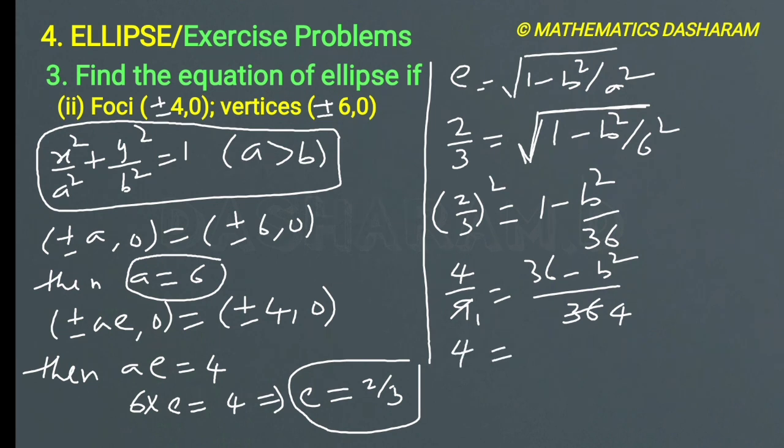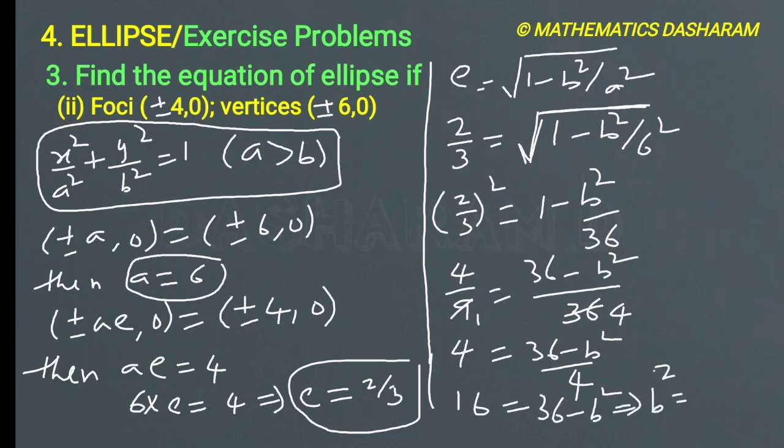So 4 by 9 equals 36 minus b square by 36. Now 36 transposes to the left side. So then 4 fours are 16. So b square equals 36 minus 16. Then b square equals 20. So keep it as it is, b square equals 20.